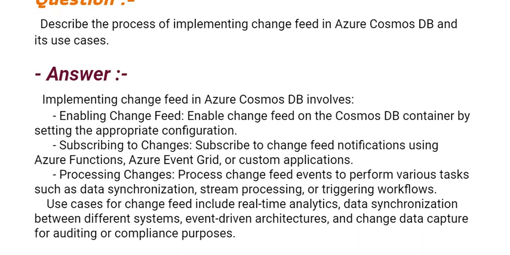Subscribe to change feed notifications using Azure Functions, Azure Event Grid, or custom applications. Third one is processing changes. Process change feed events to perform various tasks such as data synchronization, stream processing, or triggering workflows. Use cases for change feed include real-time analytics, data synchronization between different systems, event-driven architectures, and change data capture for auditing or compliance purposes.